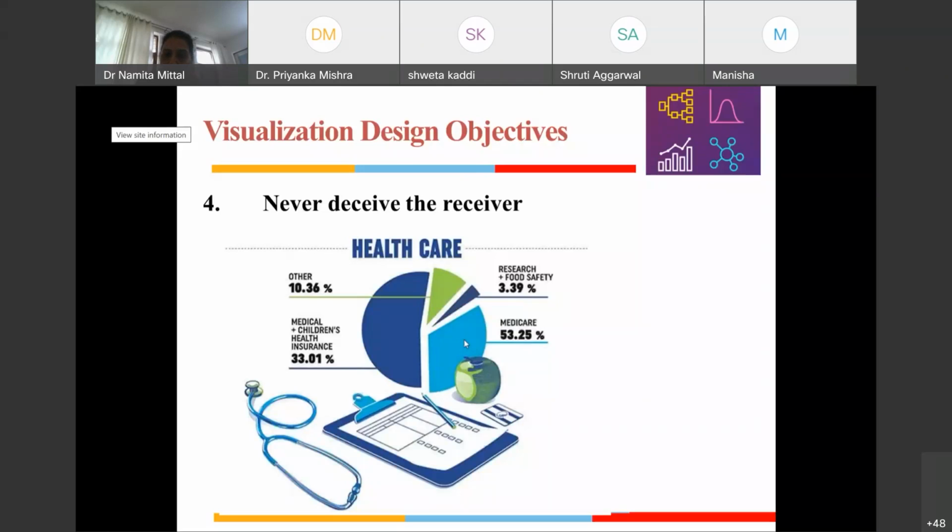Look at Medicare. In data, it is saying 53%. But in the slice, it is less than 50. Getting it? So we have to be careful. One should be careful about what the picture is saying and what the data is saying. Generally, we get a big idea from the pictures.